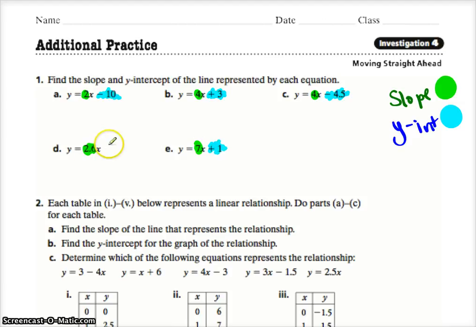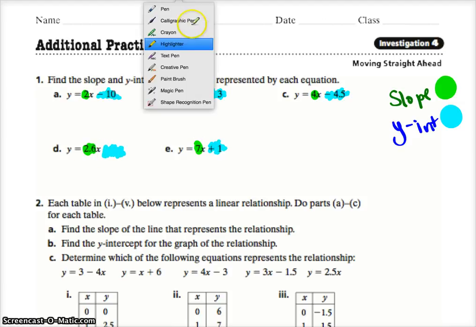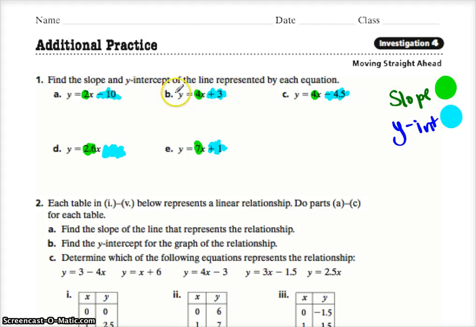Now this y-intercept is just not written here. So my y-intercept's still right there, but I have to add or subtract something to this equation that won't affect it. So it's going to be a plus 0. So your y-intercepts can be written as 0, comma, negative 10. Your x will always be 0. This one can be written as 0, comma, 3.